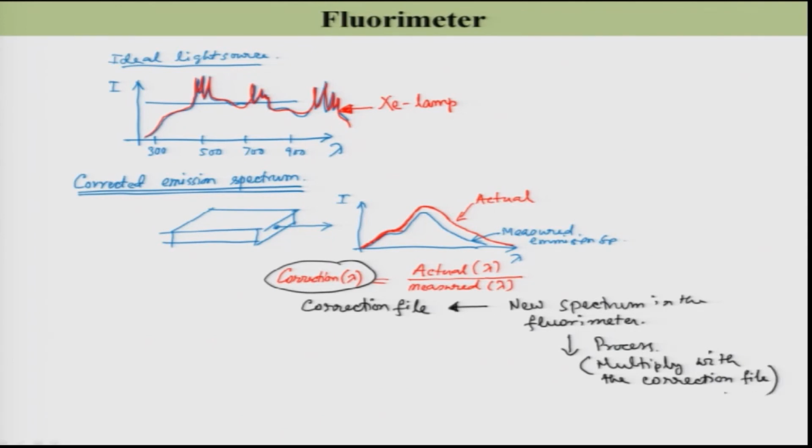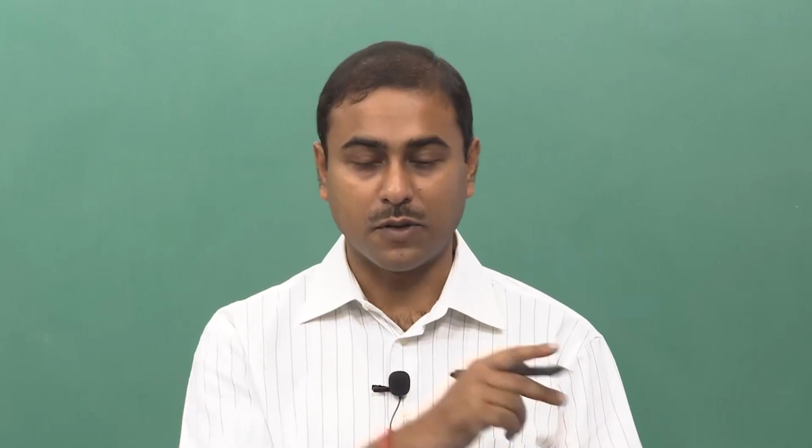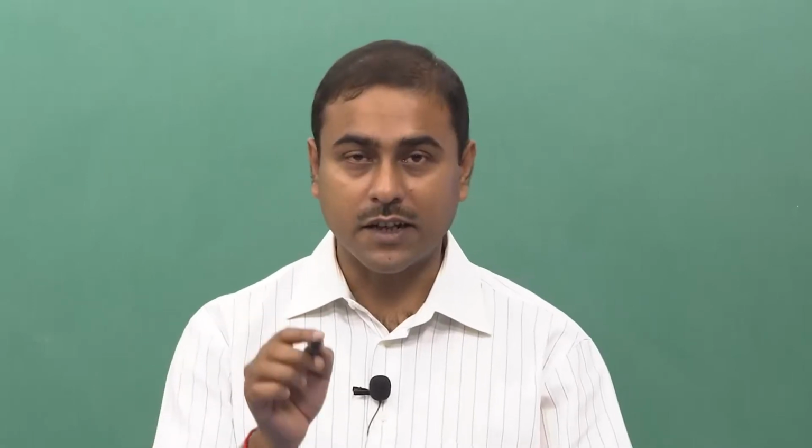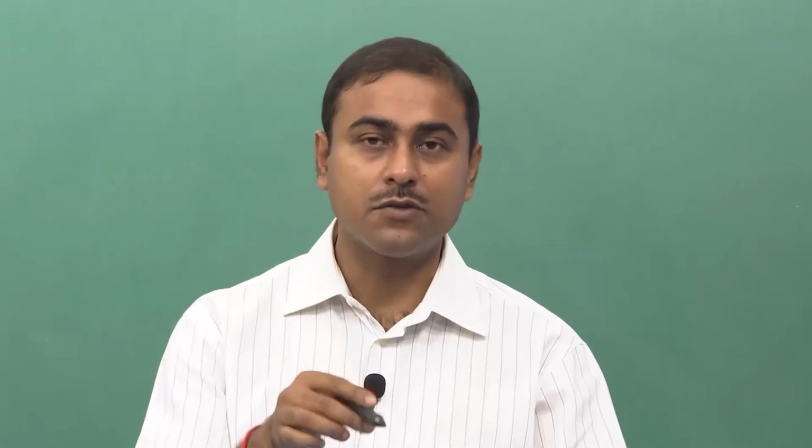Note that this correction file is specific for your instrument. For my instrument, the correction file is different than your instrument, for his instrument, for her instrument, right. Because the detector and the monochromator used to develop this instrument are unique. So, the two detectors are not identical, right.